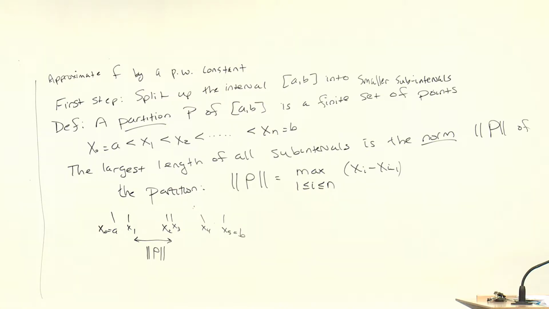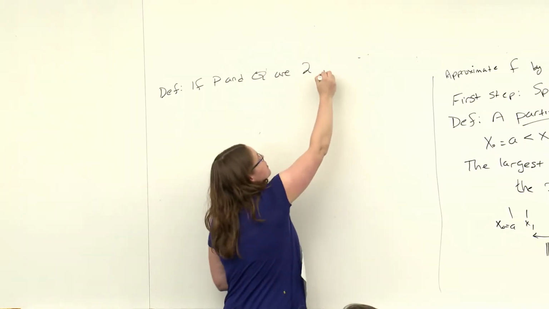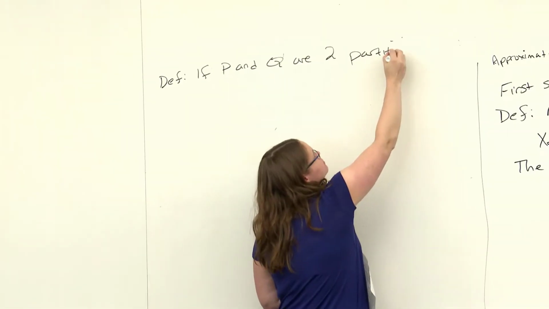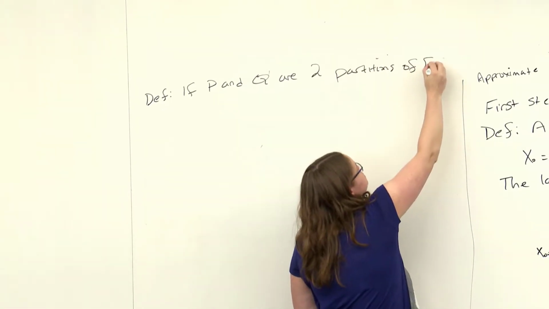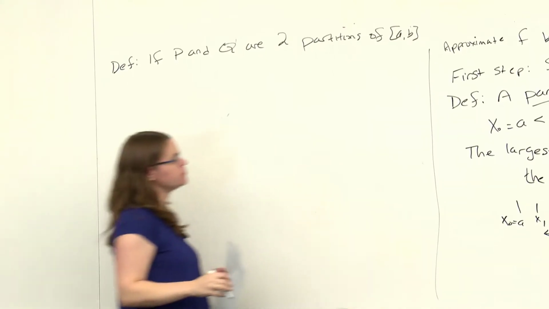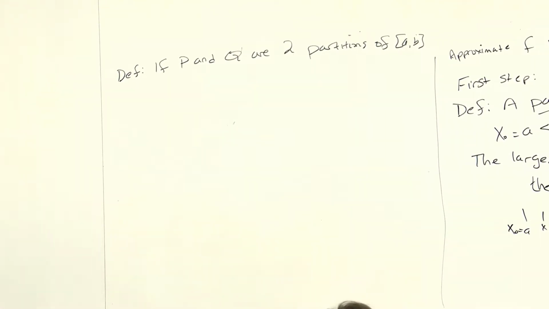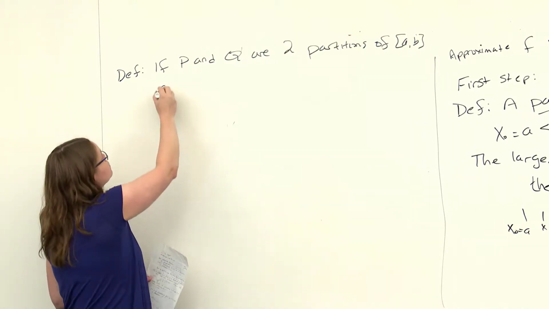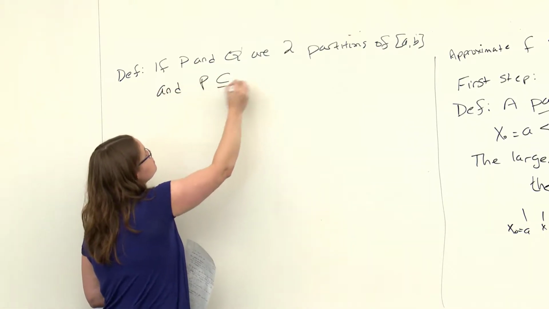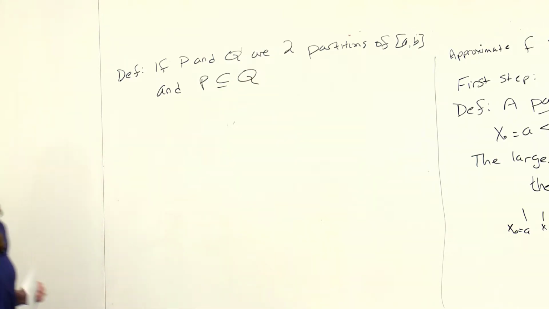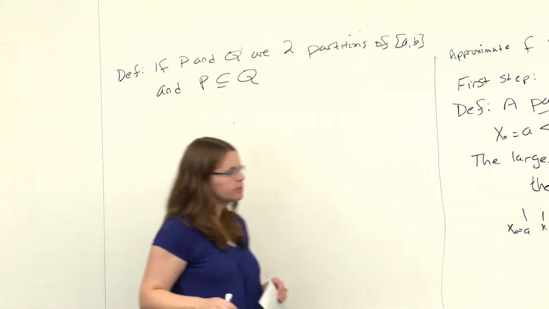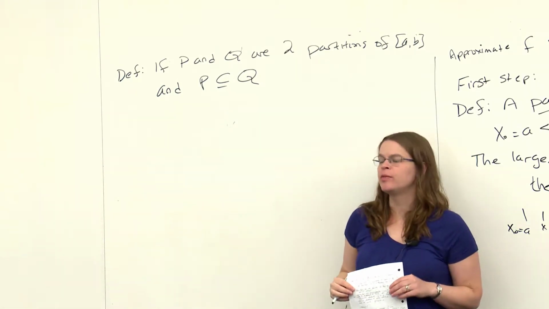So we're going to say that if P and Q are two partitions of the same interval, and if one of them is a subset of the other one, so what do I mean, one of them being a subset of the other one?